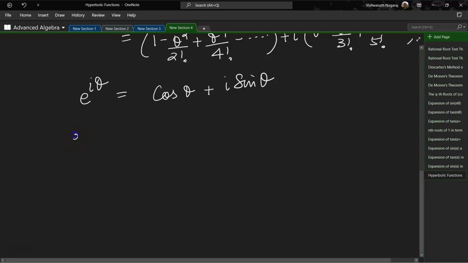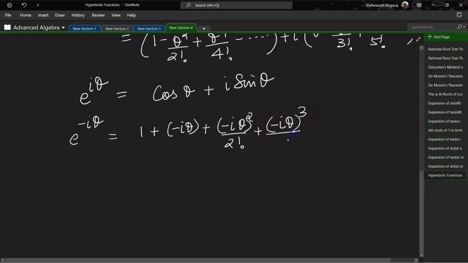Now, if we substitute, instead of i theta, minus i theta, let's actually do the substitution: 1 plus minus i theta plus minus i theta square by 2 factorial plus minus i theta cube by 3 factorial plus minus i theta to the power of 4 by 4 factorial plus minus i theta to the power of 5 by 5 factorial and on and on.